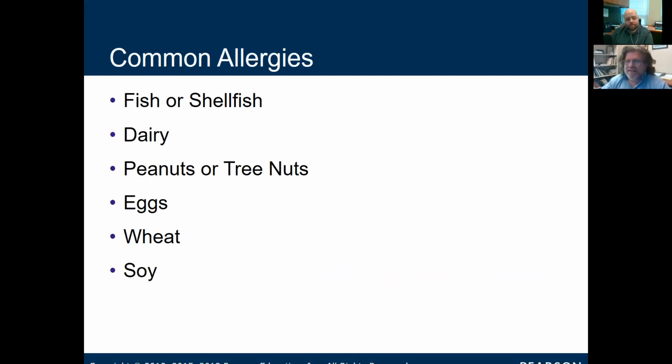This is one of the things that's really easy for you to get the information on. Not having the allergens known by your staff can be a problem sometimes. A peanut allergy is a good example of this.